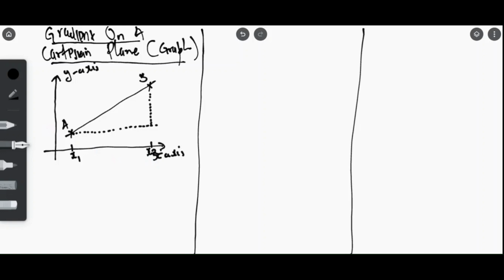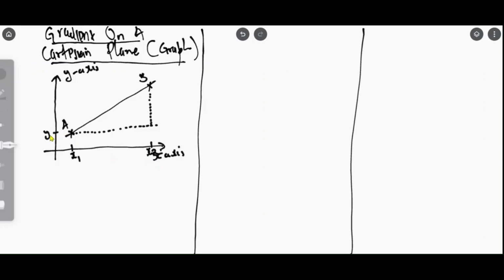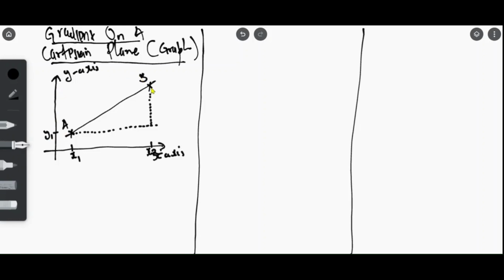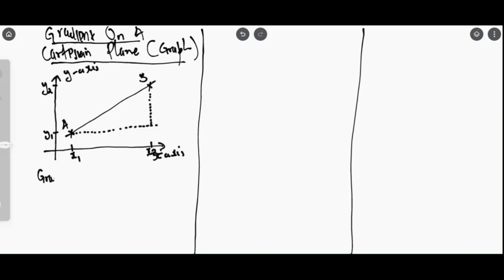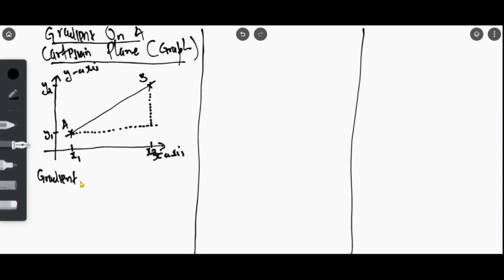The value of y here, let me call it y1, and the value of y here to be y2. I know that gradient is equal to the vertical distance all over the horizontal distance, v for vertical, h for horizontal.